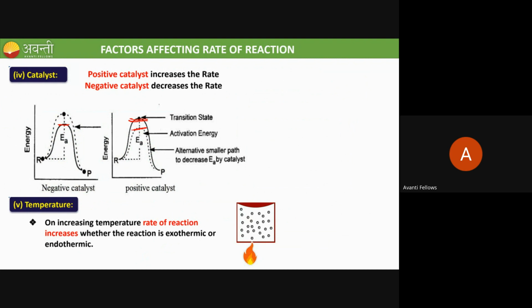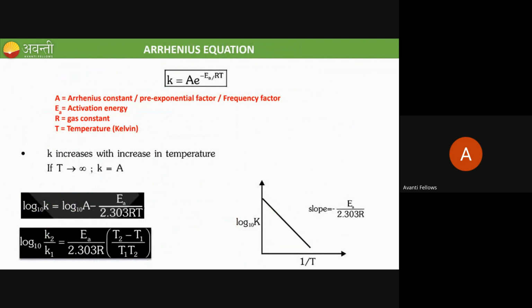Now coming to the next topic, which is the Arrhenius equation. We have k = A e^(-Ea/RT) as the Arrhenius equation, where A is the Arrhenius constant, or pre-exponential factor, or frequency factor, Ea is the activation energy, R is the gas constant, and T is the temperature.